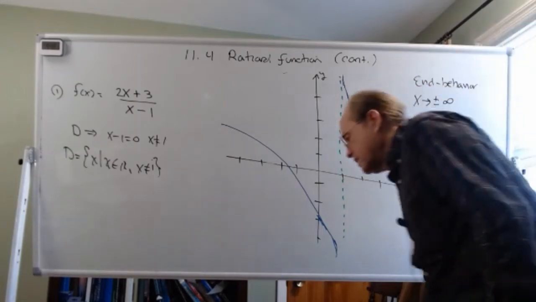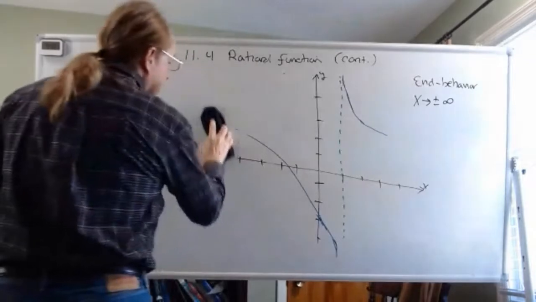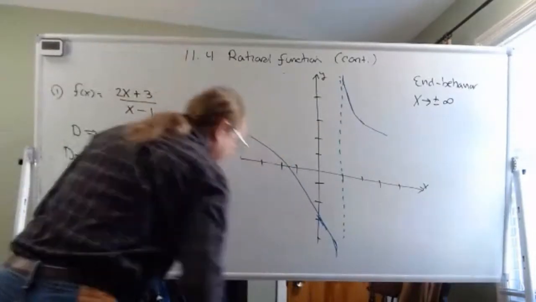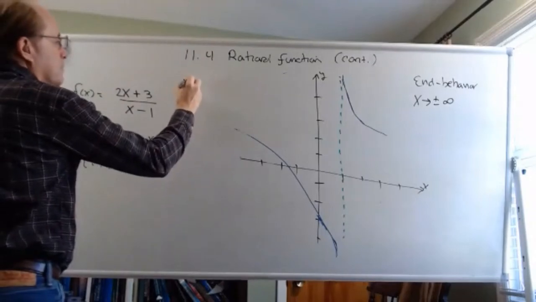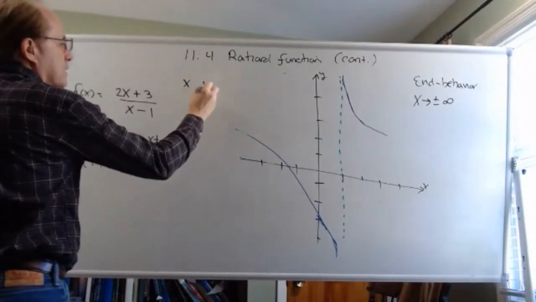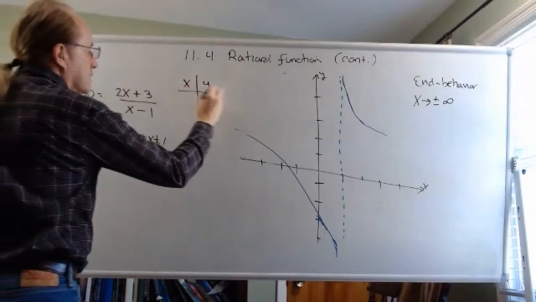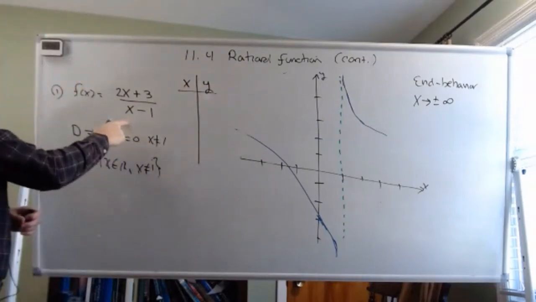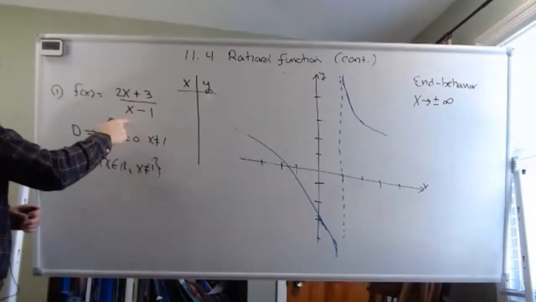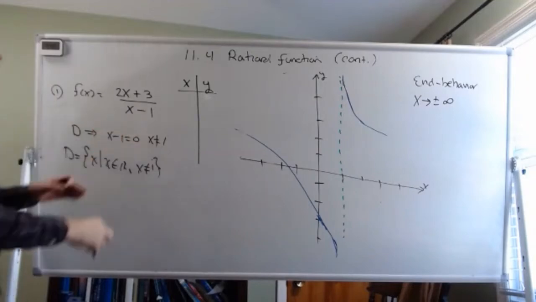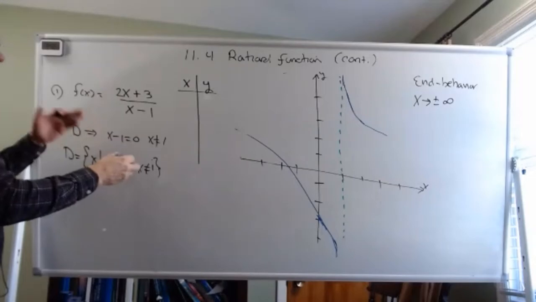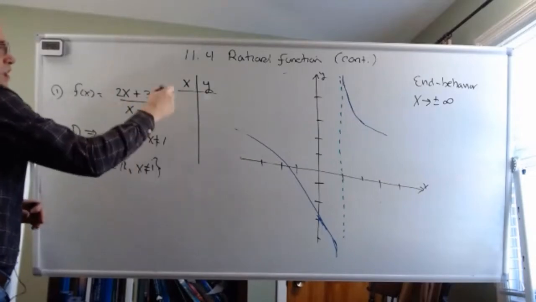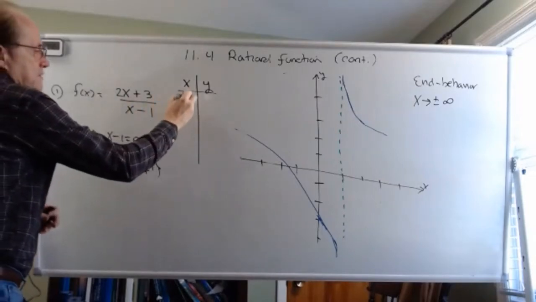What we could do, if we wanted to take the time, is set up a little table of values. This is a long way. You don't have to do that every time. But there's my x, and there's my y. And I could put different values in for x. Say, for example, let's go a reasonably large value, 10 for x.